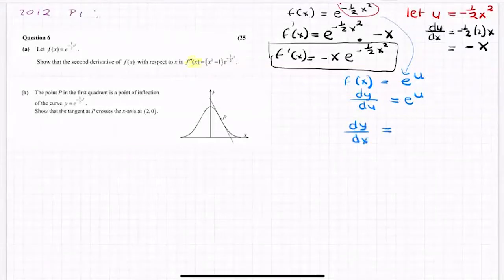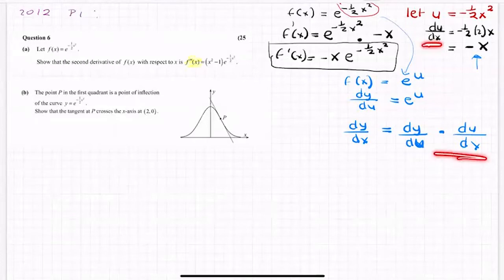So dy dx then is the e function, and I multiply it by the inner function. So the main function is dy du, which is e to the power of u, and then du dx is the inner function.